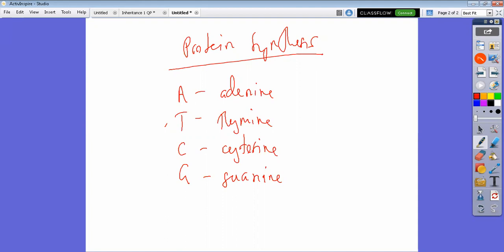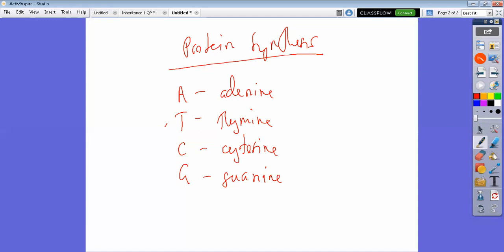Second point: A is complementary to T. That's what is very important. A always forms a link with T, and C is complementary to G base pairing.